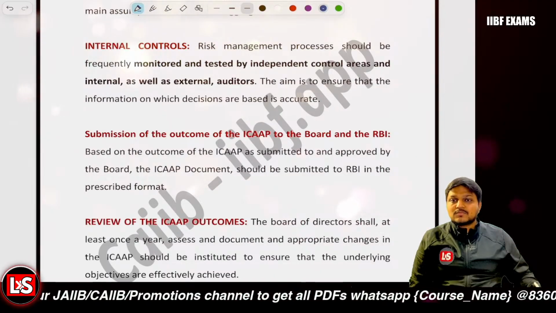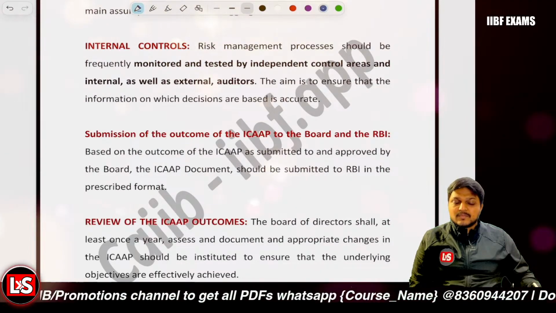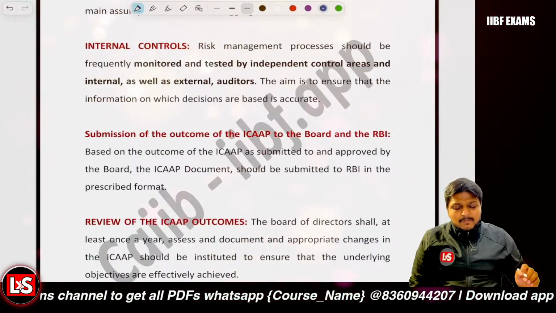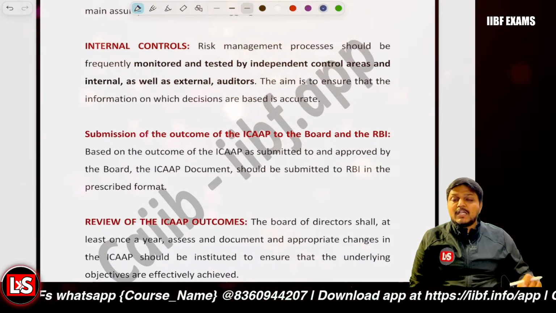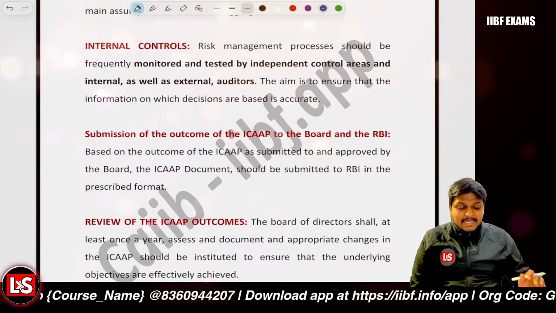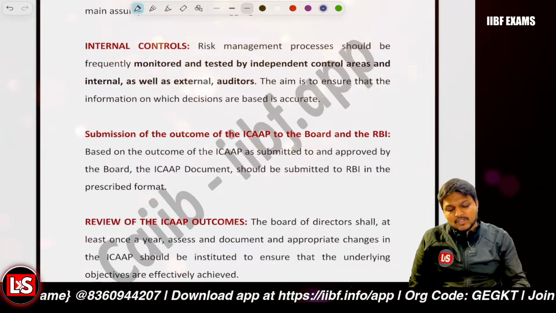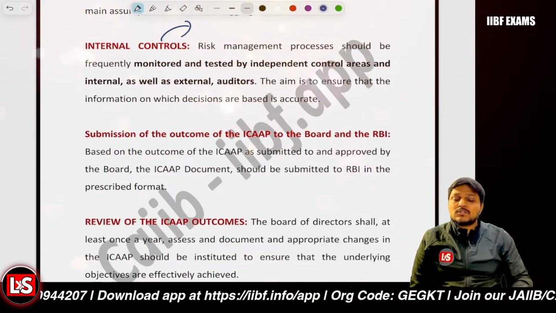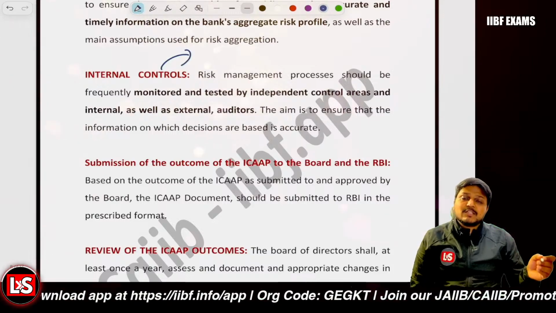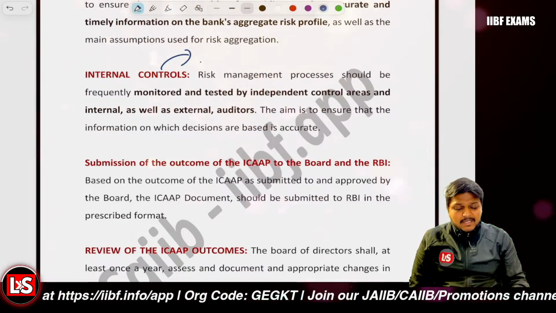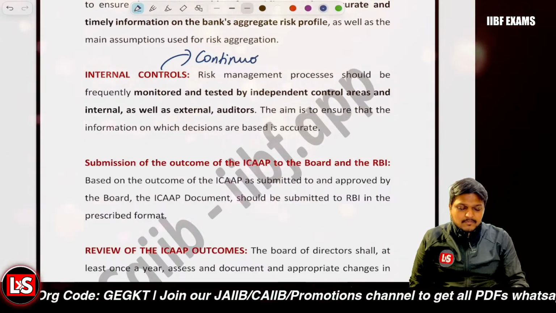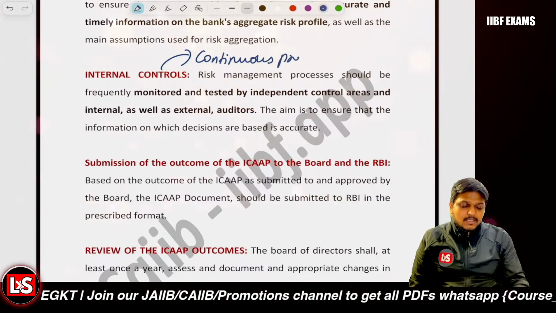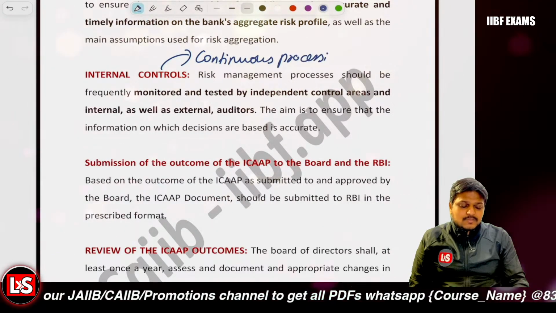Internal controls. Now the risk management processes should be monitored properly. Continuous monitoring is basically required, and independent testing must be there.